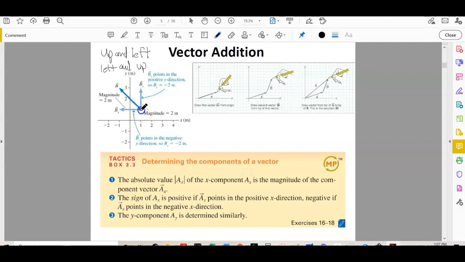So you always start at the tail of the resultant vector that you're given. Okay, and since you started here, you've got two choices. You could start with the upward vector here, the y component vector, and then you draw the x component vector here. And this would be bx. And it would be pointing to the left. Okay? Or you could start here and then go with your x component vector and then add the y component vector to it.